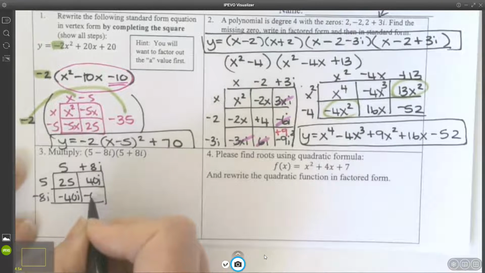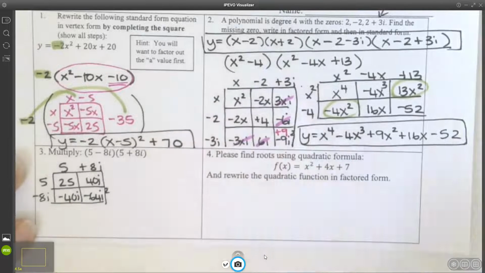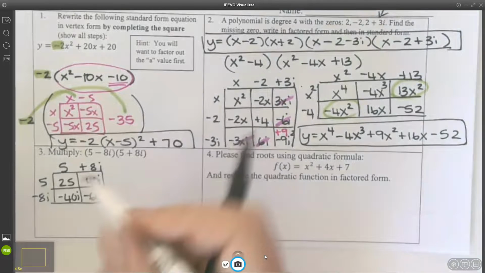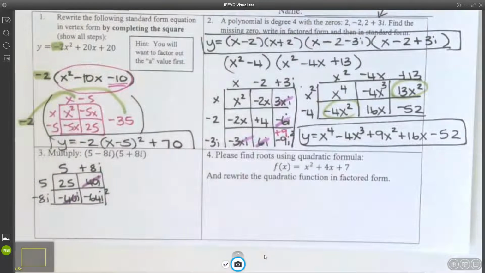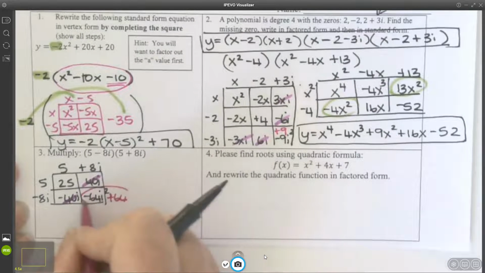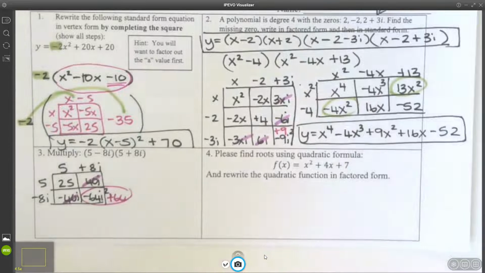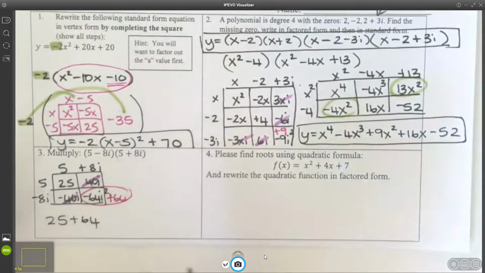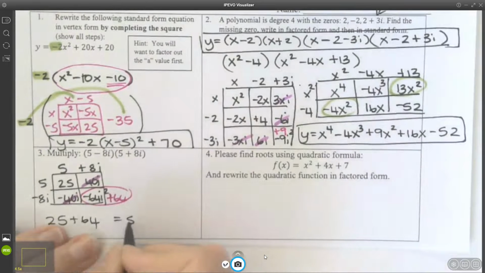And this is going to give me negative 64i squared. So again, these imaginary parts cancel out. This i squared is equivalent to negative 1, so this is going to really be equivalent to positive 64. So I really just got 25 plus 64, which is equal to 89.